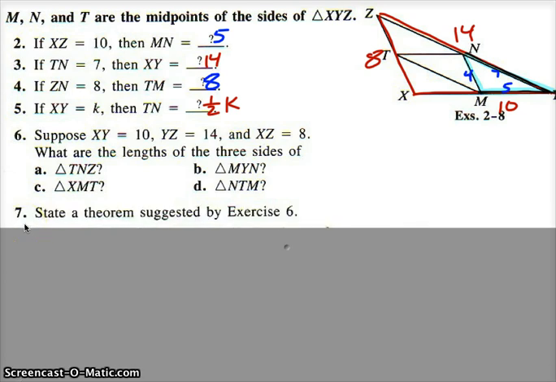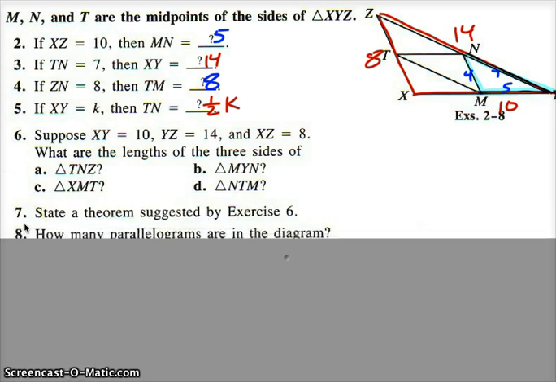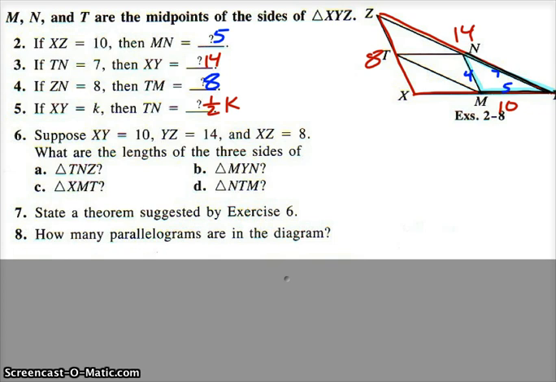Let's move on to number 8. How many parallelograms do you see in the diagram? We'll give you a second to look. I know opposite sides need to be parallel.